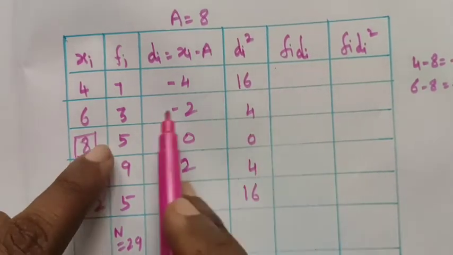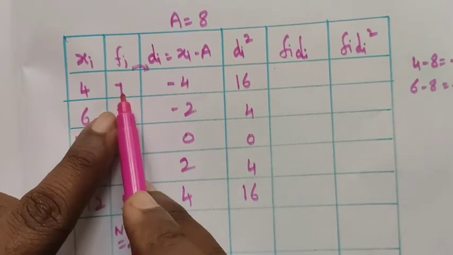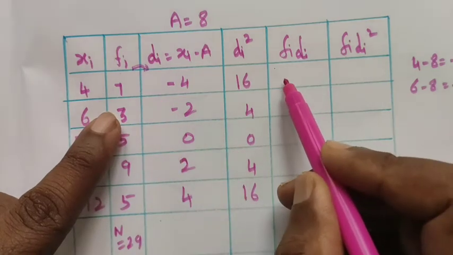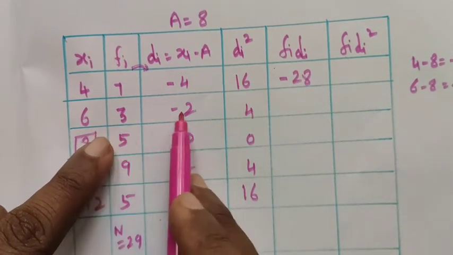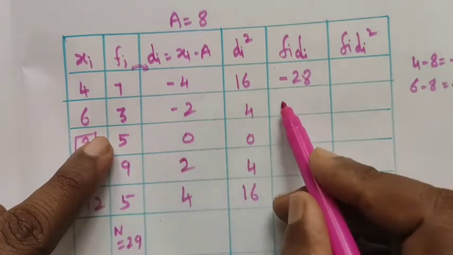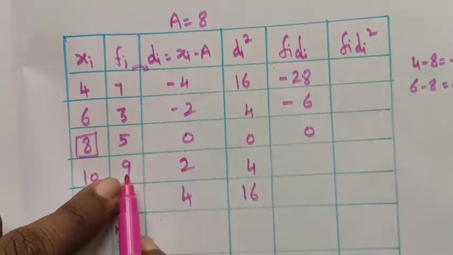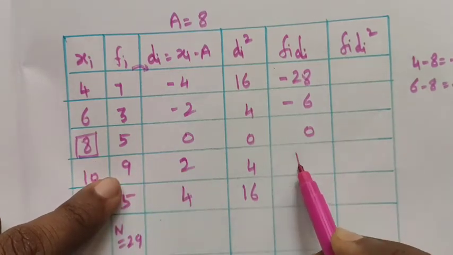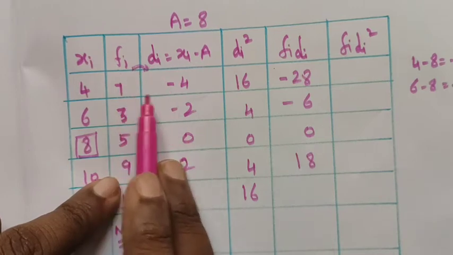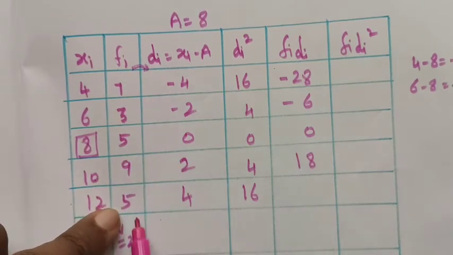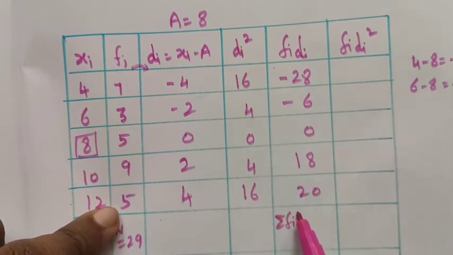And then fi di: first we multiply these two columns, fi and di. 7 4s are 28, and since we have a negative value, minus 28. 3 2s are 6, minus 6. 5 into 0 is 0, and 9 2s are 18. 5 4s are 20.